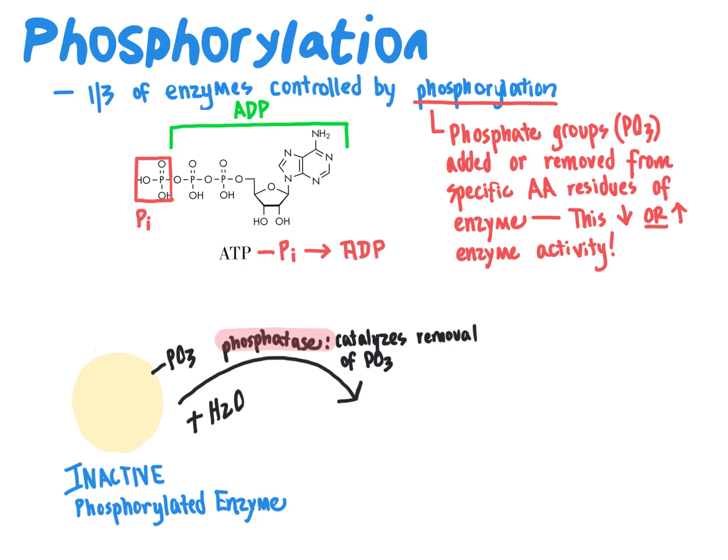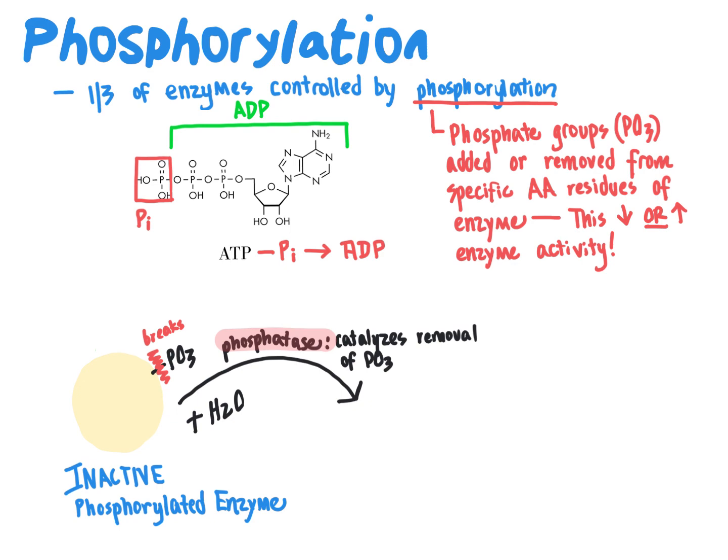And when water and our enzyme with the phosphate group bind to the active site of the phosphatase, it catalyzes the breakage of this covalent bond sliced here in order to remove that phosphate group and leave behind the standard R group from one of the 20 amino acids.